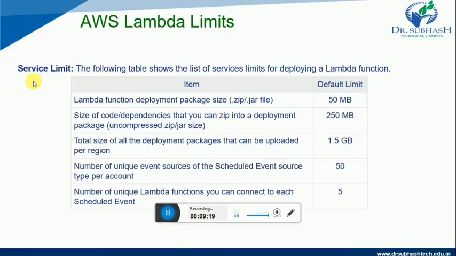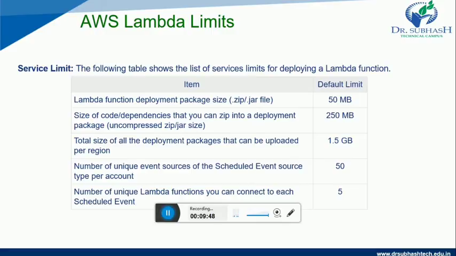Now let us understand what are service limits. Here you can see in this table there is a list of service limits for deploying a Lambda function. Like the Lambda function deployment package size, the default limit is 50 MB. The size of code that you can zip into a deployment package is 250 MB.